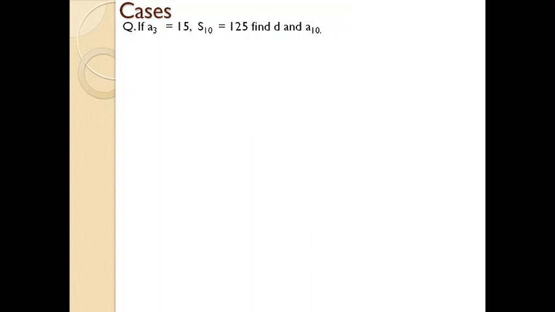In arithmetic progression we have learned two equations. One is for finding out the arithmetic progression or the series, and the other is the sum of an arithmetic progression. By using the sum equation, S subscript n equal to n by 2 into 2a plus (n minus 1) into d, and substituting the values given in the question, 125 equal to 10 by 2 into 2a plus (10 minus 1) into d.